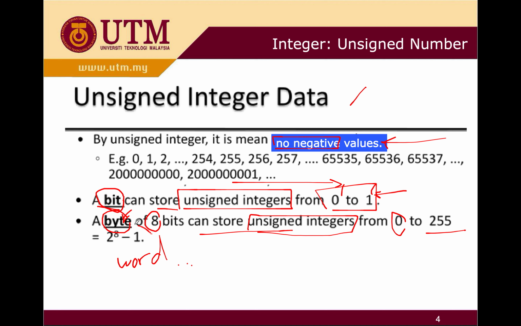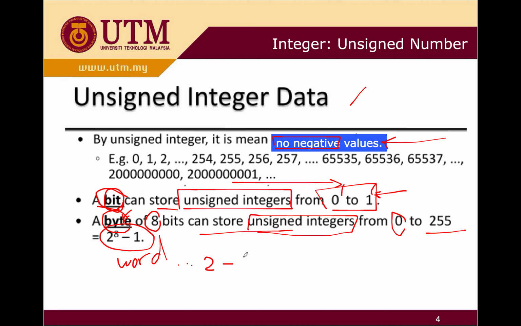So this is the equation for the maximum value for each system. Let's say for byte, you know that the base is 2.